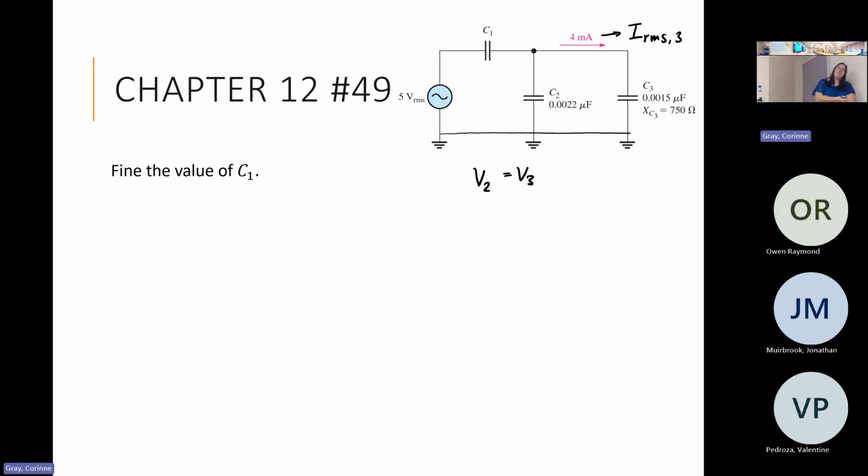So if we want to do this the hard way, I need to calculate the X value for all three of these, figure out the total current, and then I can find what's going on with C1. That is one way to do it, and it's possible. It's just going to take a couple extra steps.